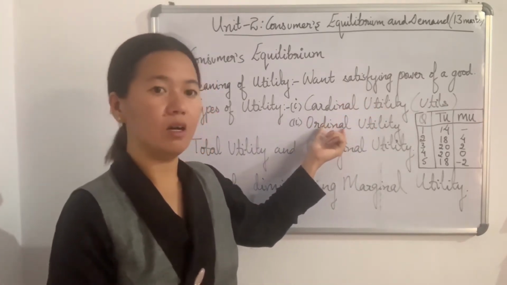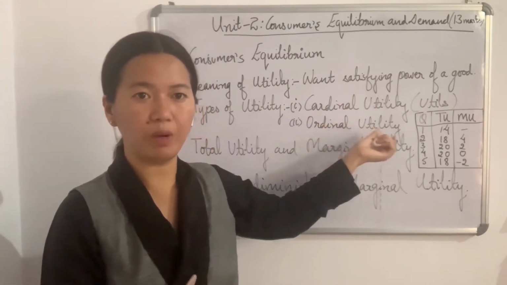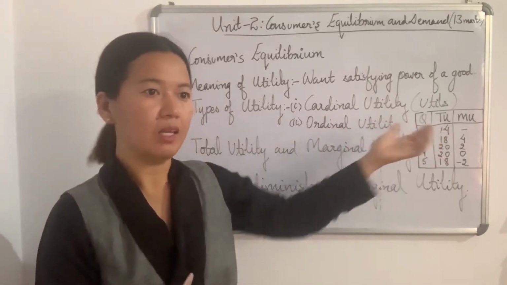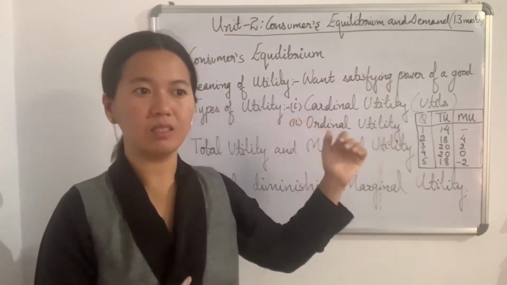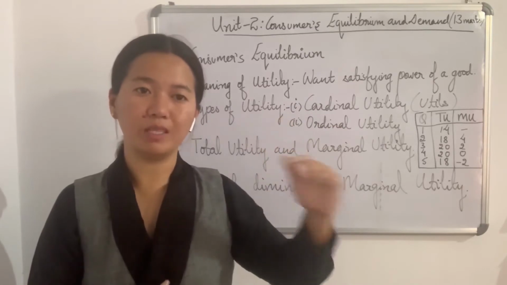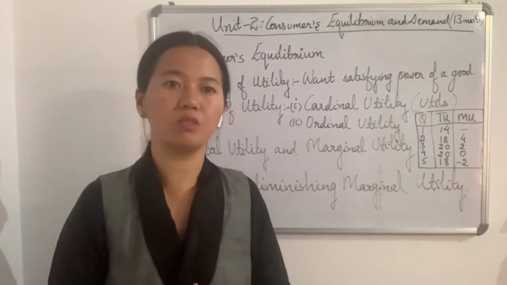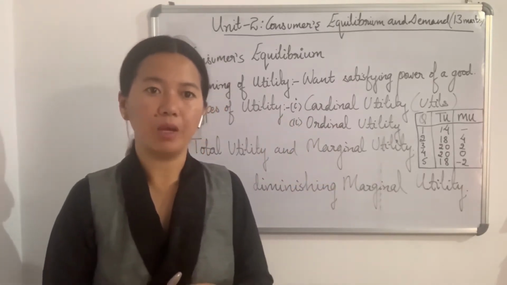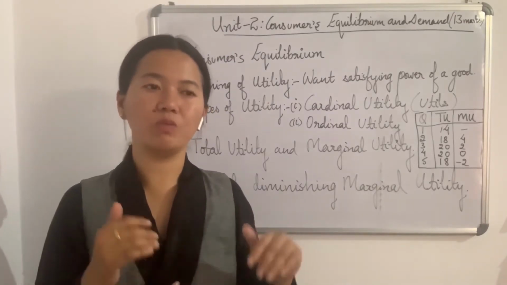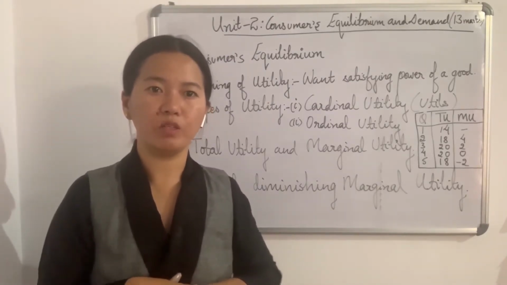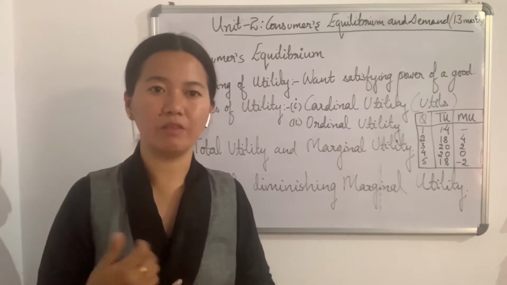And ordinal utility is used by the economist Hicks, and he says that this utility or satisfaction cannot be measured in terms of numbers. We can measure it in terms of ranking, which means that we have to compare 2 goods or services and their satisfaction.